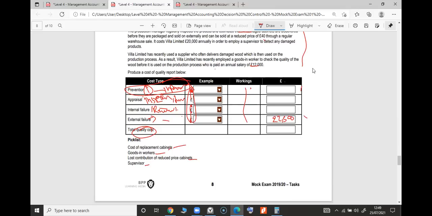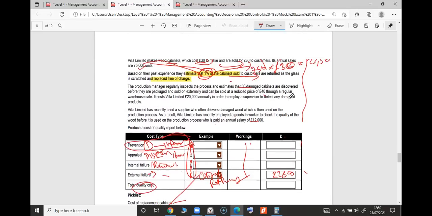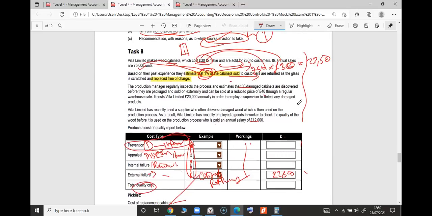So this is the cost of the replacement cabinet, isn't it? The first one. Do you agree with me? Cost of replacement. Are you happy with that? Shall we move to the next paragraph? Let's try to find out our answers.